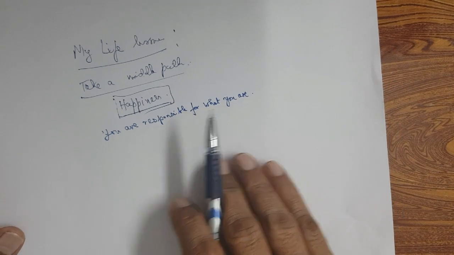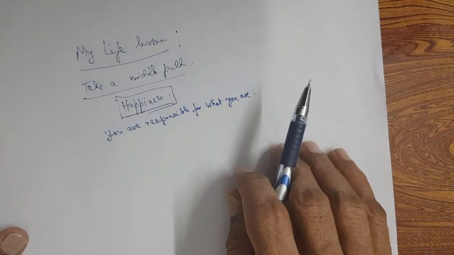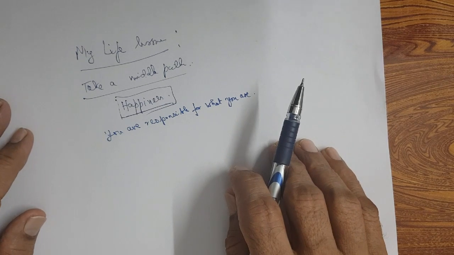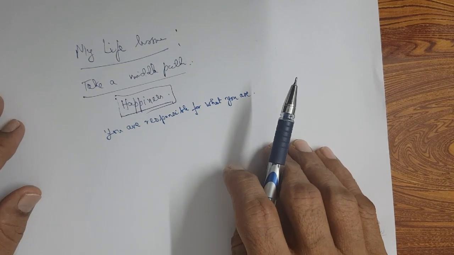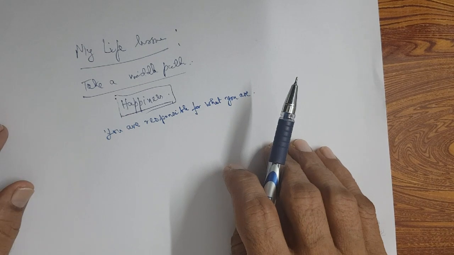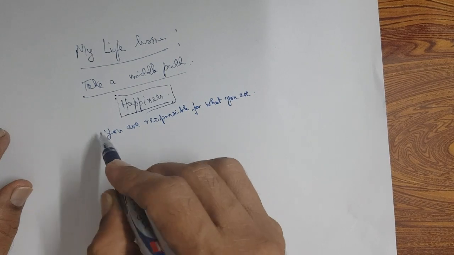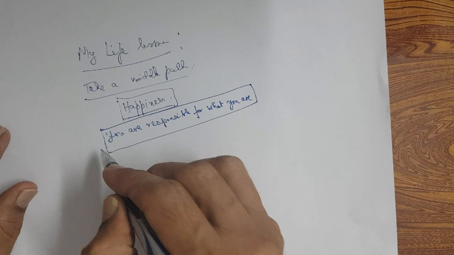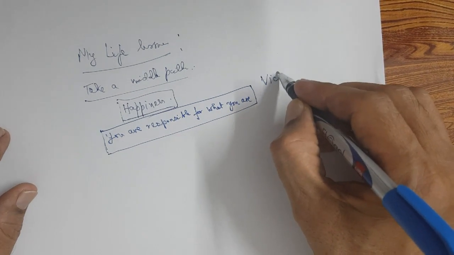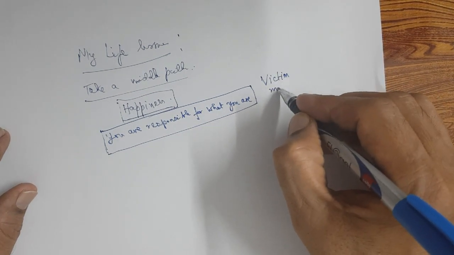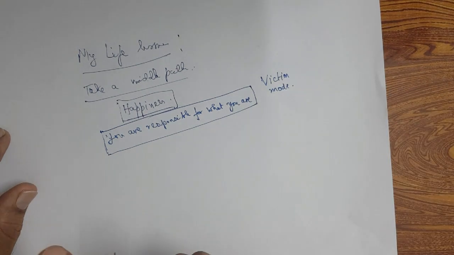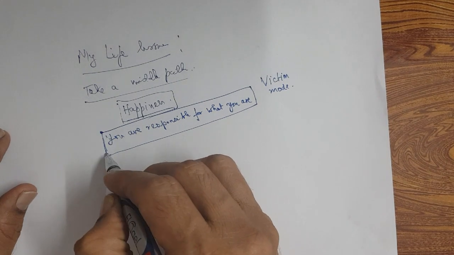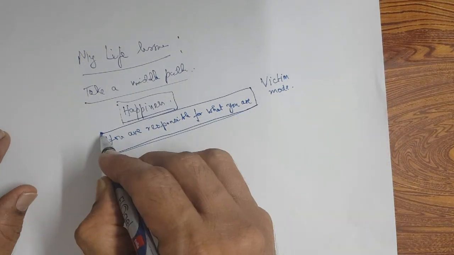Now, to end our session, my life lesson. We saw first to take a middle path, then happiness, and now the most important thing: don't go into victim mode. You are responsible for what you are.